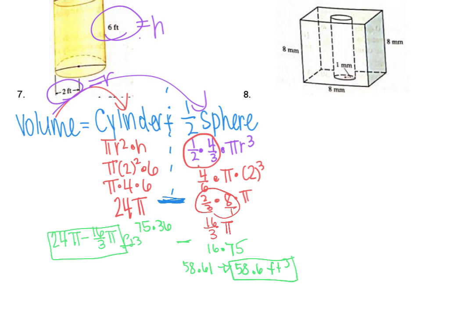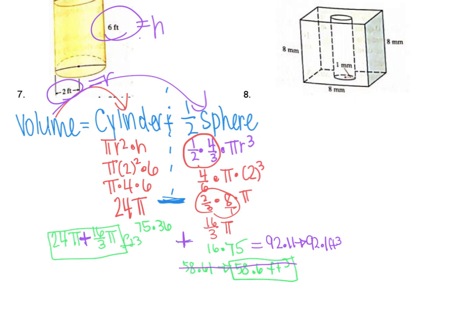So from here out, this is addition. This is addition, which changes that. And I get 75.36 plus 16.75. Were any of you cringing as I was doing it? I hope so. Yelling at me through the screen. When I add those together, I get 92.11, which rounds to 92.1 feet to the third.